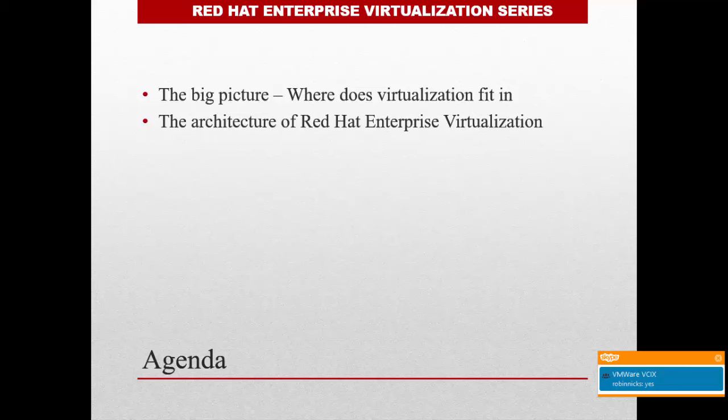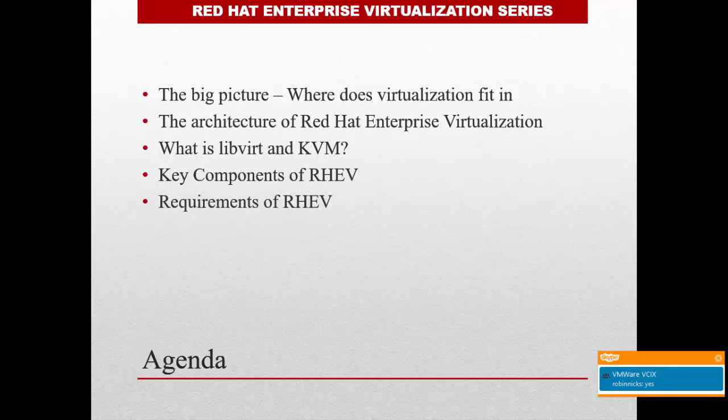This is important when it comes to troubleshooting and knowing the internals of Red Hat virtualization. A little bit of libvirt and KVM, and the key components of Red Hat Enterprise Virtualization, and the requirements to install the web manager and the web hypervisor.